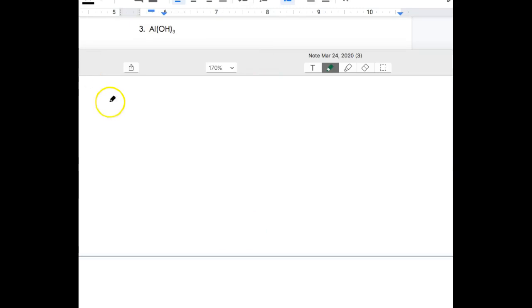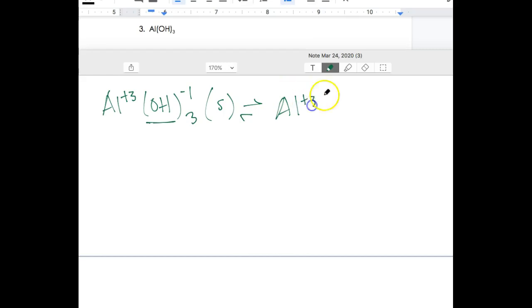So we have aluminum hydroxide. Aluminum is in the third column, so it's +3. OH has a -1 charge. You might want to review your polyatomic flashcards. And then you have a 3 here. It's solid, and it's going to dissolve. We have 1 aluminum and we have 3 hydroxides.